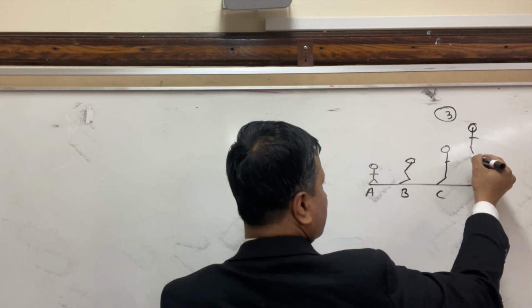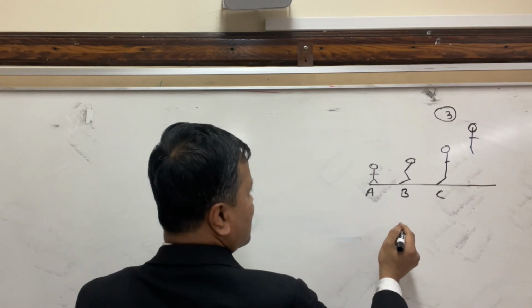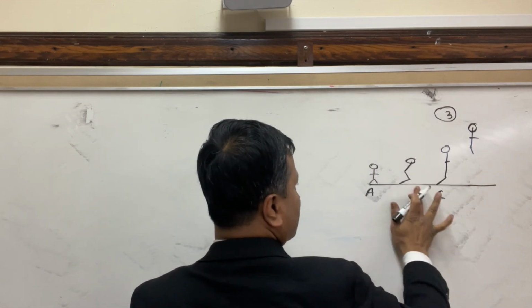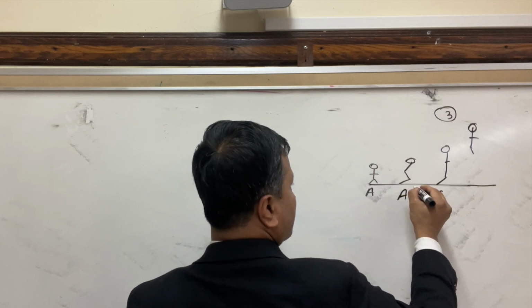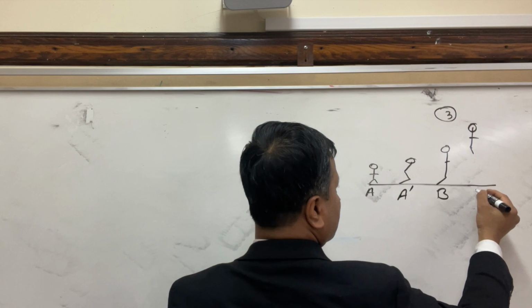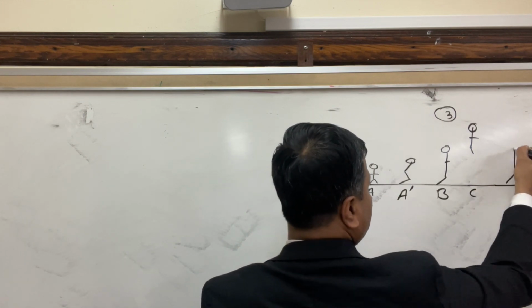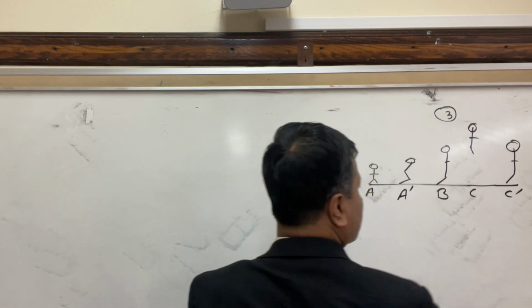Okay, let me call this also A prime. This is B. Let's call this C, and you are back to the ground again, and this is called C prime.